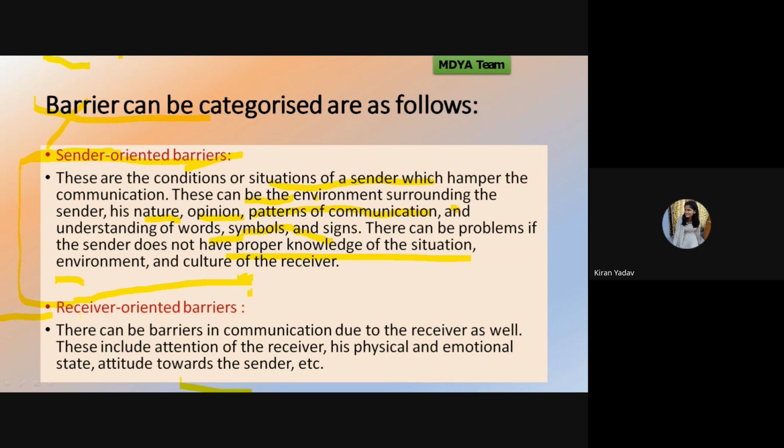And receiver oriented barriers can be barriers in communication due to receivers as well. These include if the receiver is not attentive while listening, his physical and emotional state, and attitude towards the sender. If he has some bad preconceived attitude about the sender, then he will perceive the message in that way.